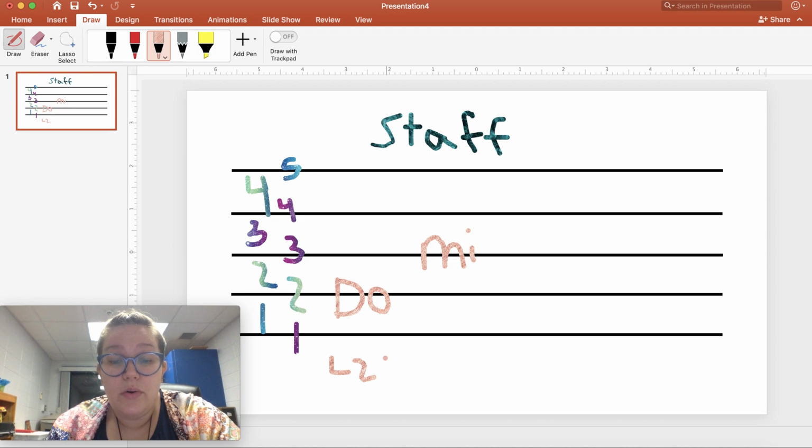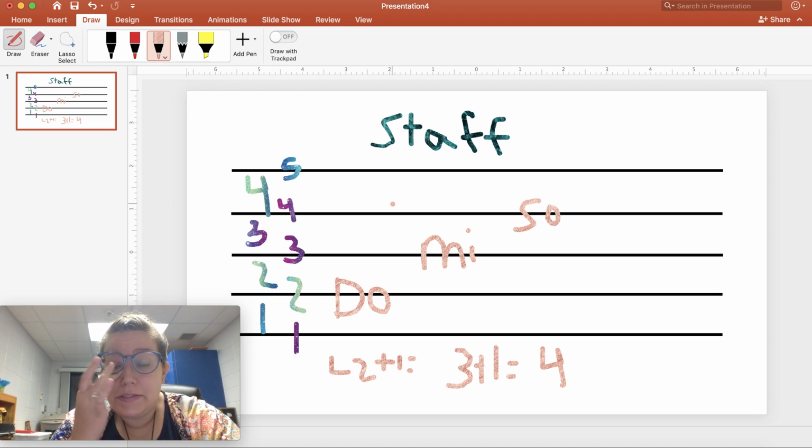I could also add 1. 2 plus 1 equals 3. And then I have to find so, and I can do the same thing. 3 plus 1 equals 4, so so will be on line 4.